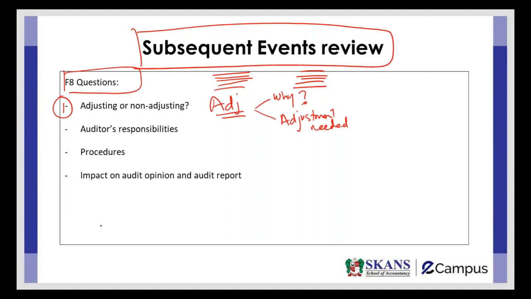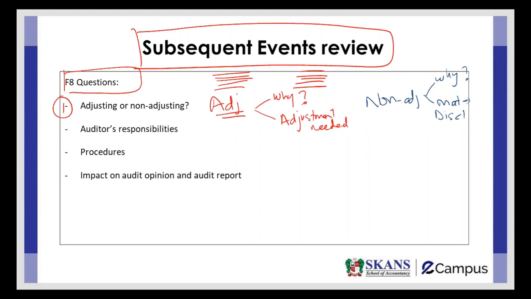There are separate marks for that. If it's a non-adjusting event, you'll have to explain why. So why are you saying no adjustment is needed? And then you'll have to explain that if it's material, a disclosure is needed. So no double entry, but a disclosure is needed. That's the first thing you have to do.